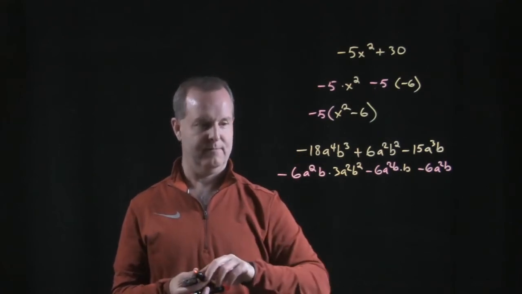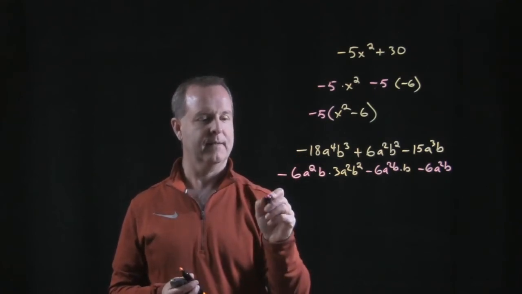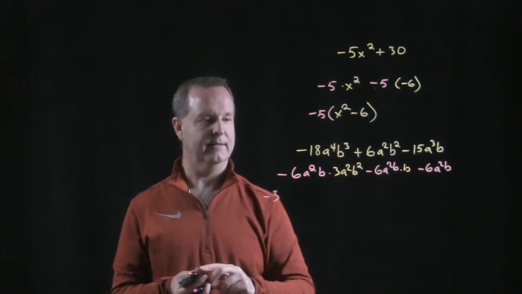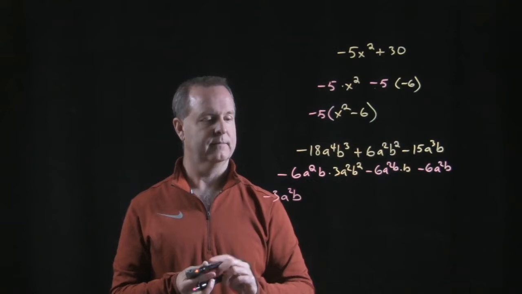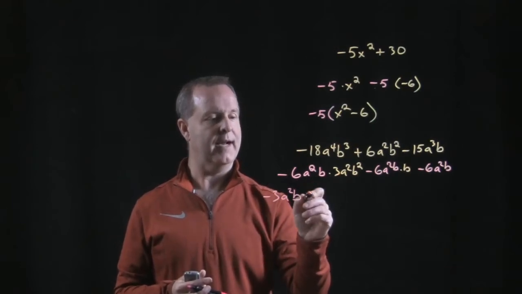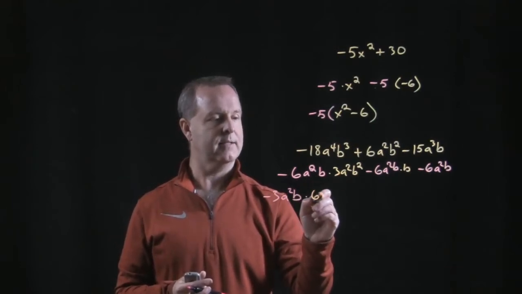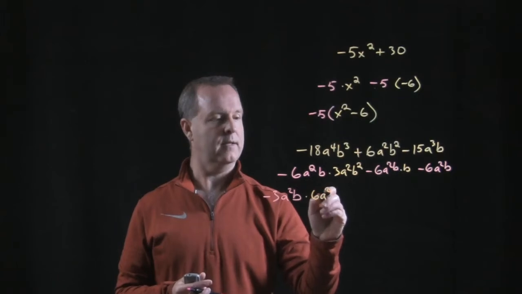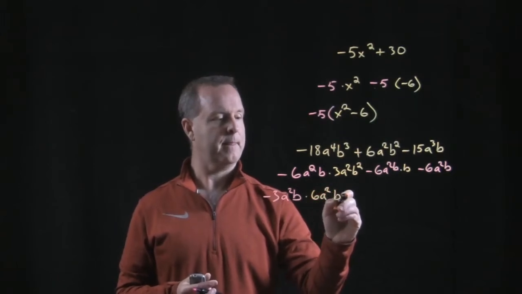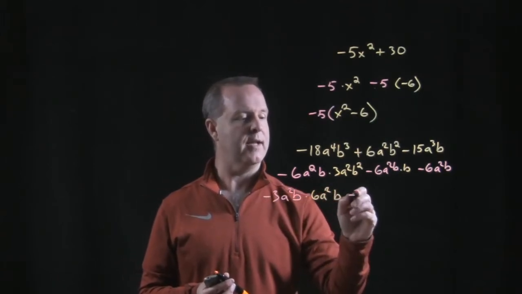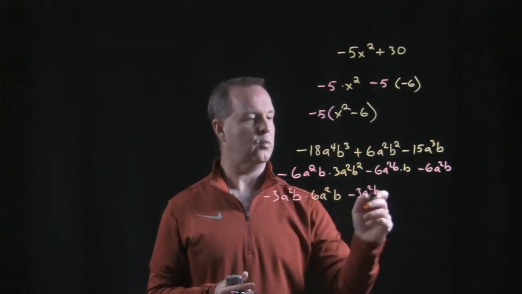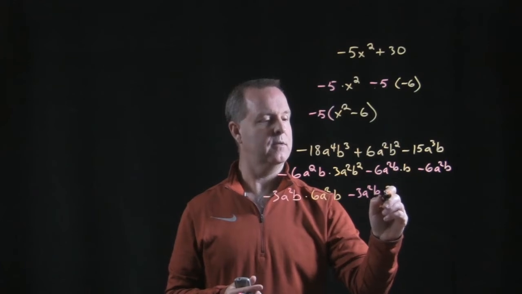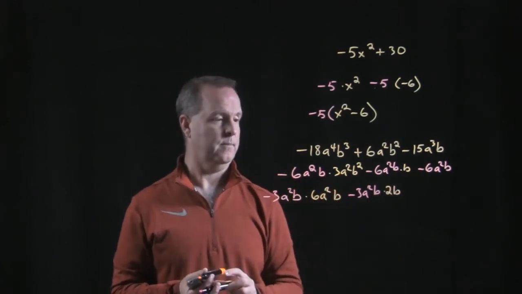So I'm left with minus 3a squared b. So in here then I have a 6a squared b. Factor out a 3a squared b, which leaves a 2b.